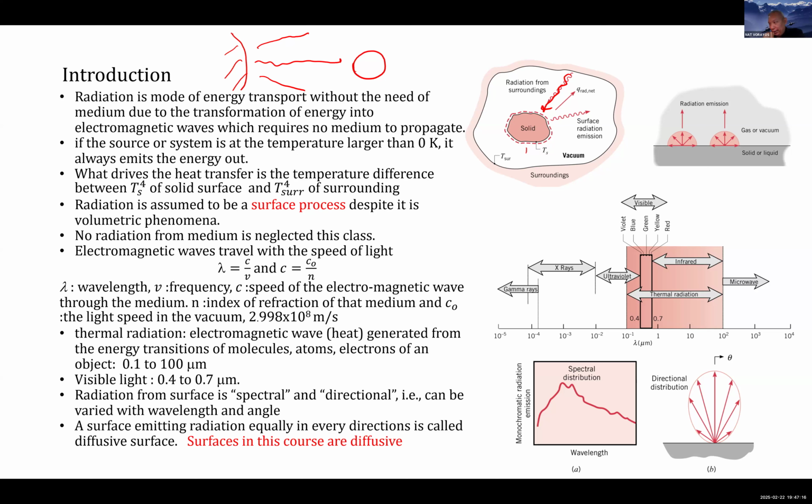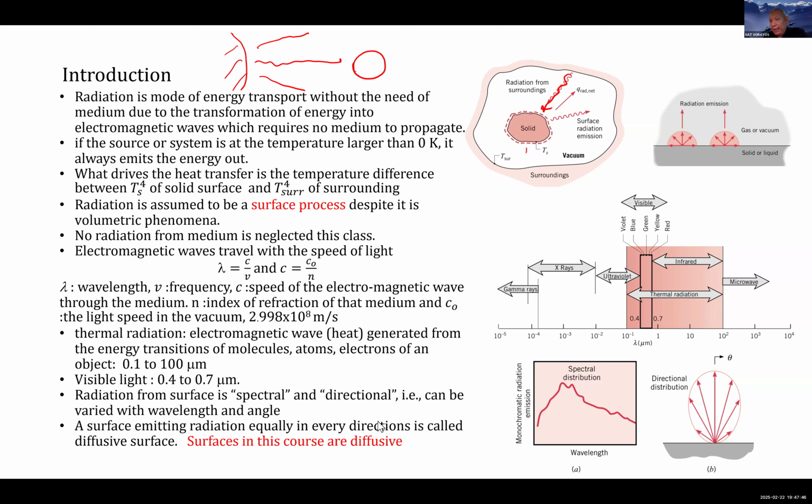The only part that we will engage is the emission or radiation from the surface. When you have a 3D object, we have to model the system as a surface in spite of the fact that it's 3D.